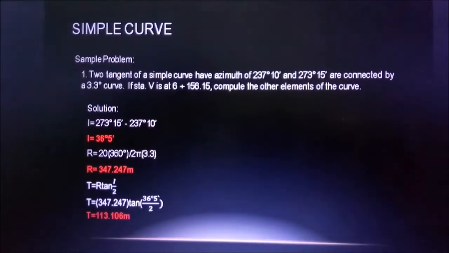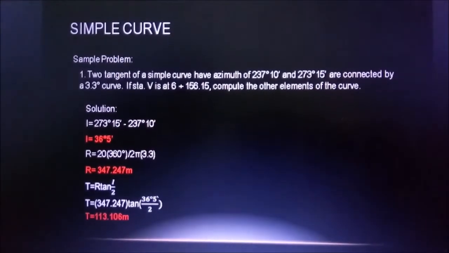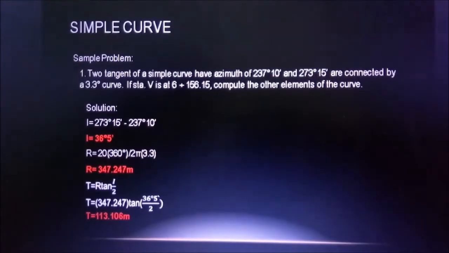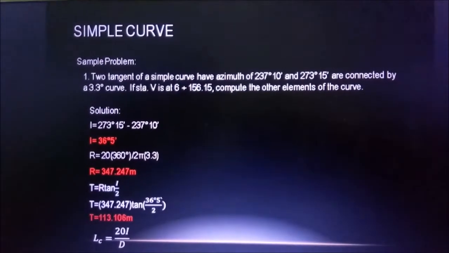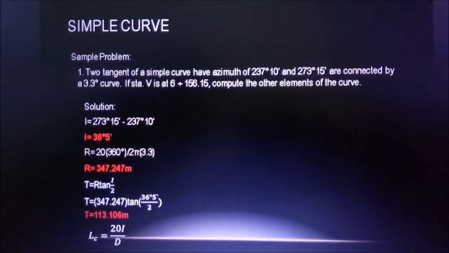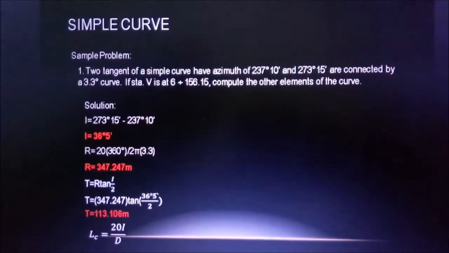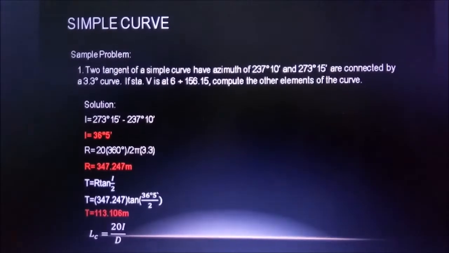The next element is the length of curve, or L sub C. The formula is L sub C is equal to 20 times I over D, the degree of curve. So L sub C is equal to 20 times 36 degrees 5 minutes over 3.3. The answer is 218.67 meters.